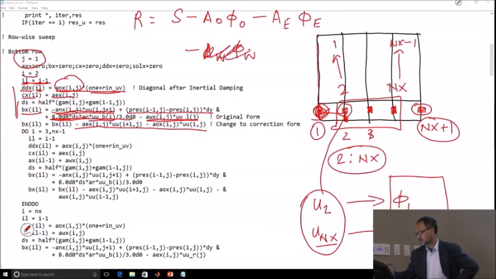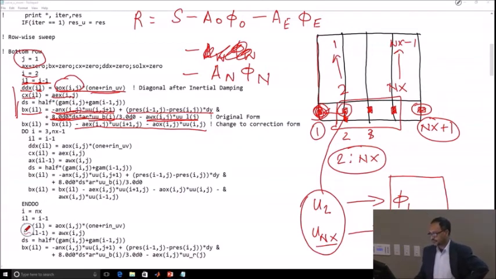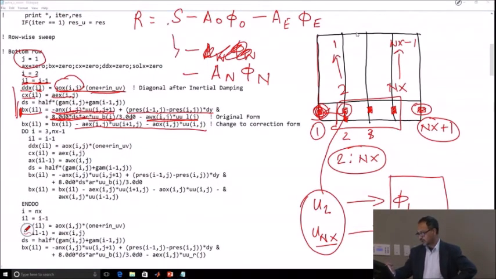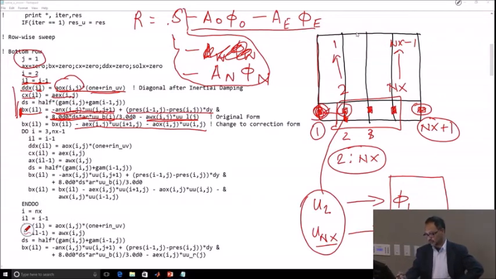Well, let's forget the west for this case because there is no western node. So that would be my original residual. So what I've done in the first step here, right here, is that I've only calculated this part, okay? And then in the second step here, I've subtracted out those two. That's this line there.